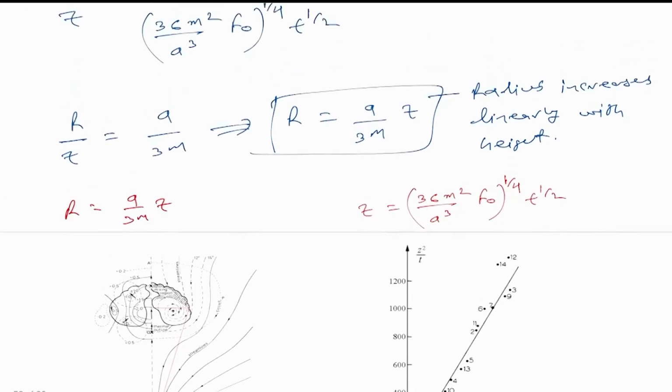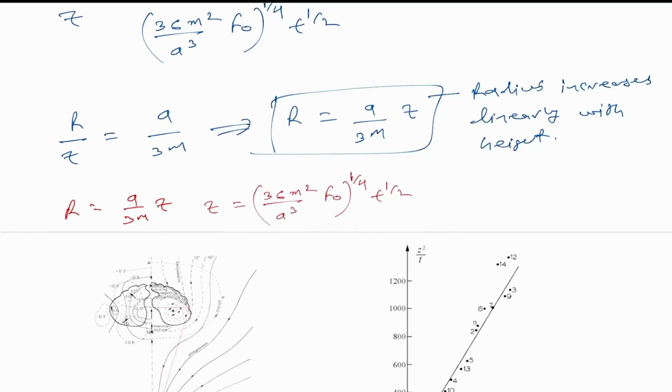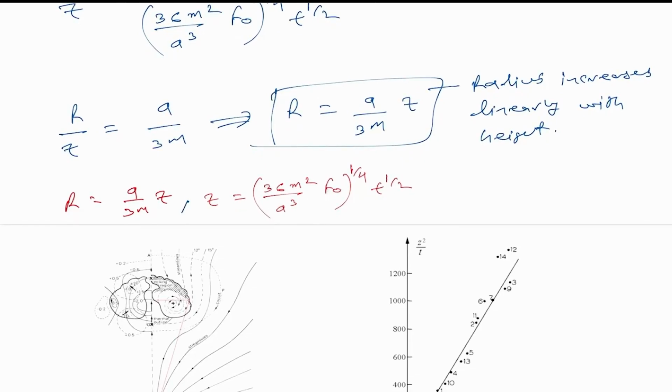All right, so you can see in these two equations now we have three things coming together. In the first case we have radius as a function of z, and in the second equation we have z as a function of time. So radius, height and time are related with each other using these equations, right? So now in a lab experiment, if you try to find the plume radius or its elevation with time, we should be able to find the value of a and m.